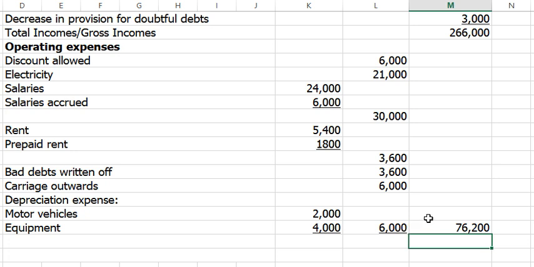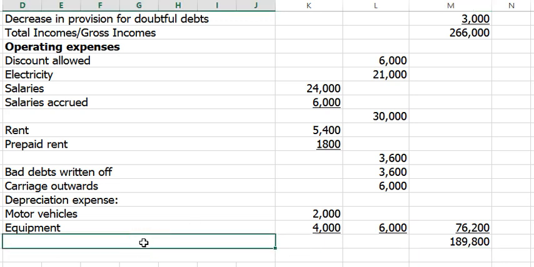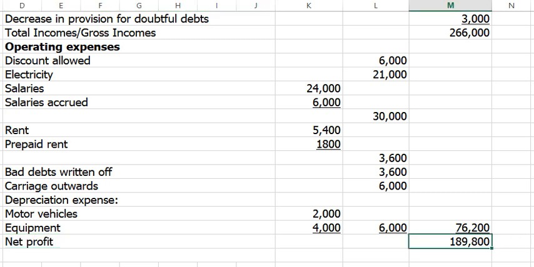We get 76,200, and this should be deducted from our total incomes to give us a net profit of 189,800, or 189,800,000. This is your net profit for the year.